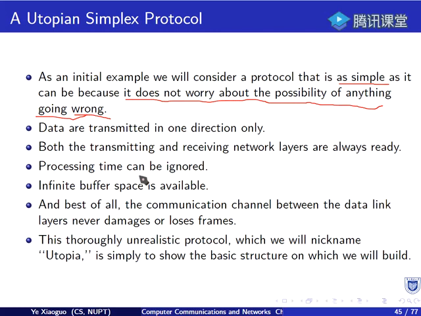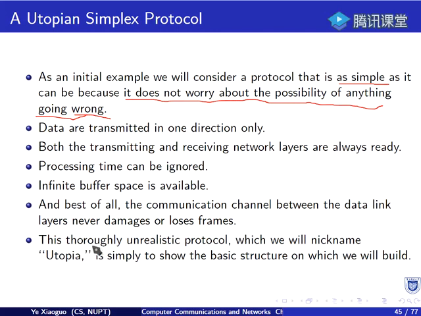Processing time can be ignored, and it is assumed that infinite buffer space is available. And best of all, the communication channel between the data link layers never damages or loses frames.